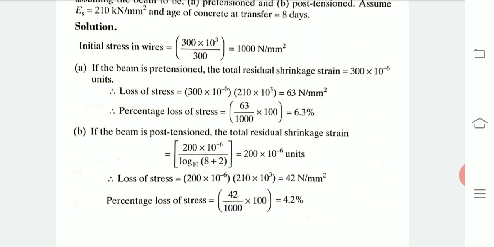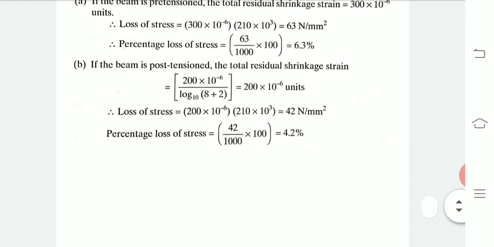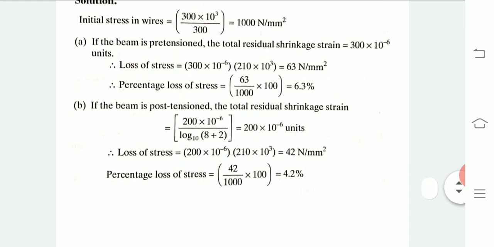Therefore, in case of post-tension beams, the total loss due to the shrinkage of concrete is 42 Newton per mm square. Therefore, percentage loss is again 42 divided by initial stress, which is 1000, multiplied by 100, comes out to be 4.2%.